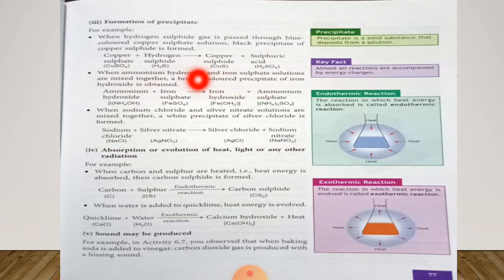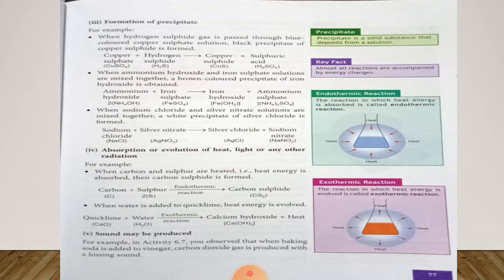Formed copper sulfide is black in color and it forms a precipitate at the bottom of the test tube. Here you can understand about the precipitate. Precipitate is a solid substance that deposits from a solution.